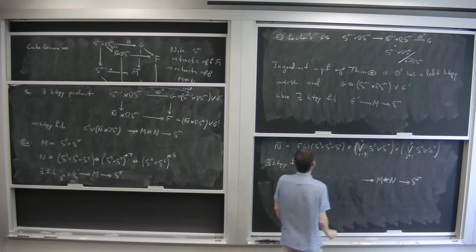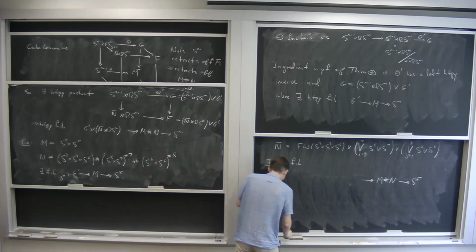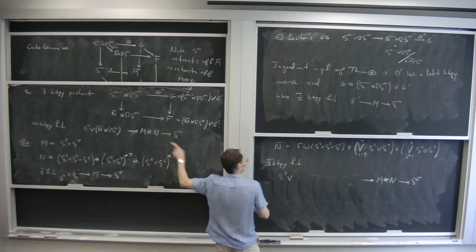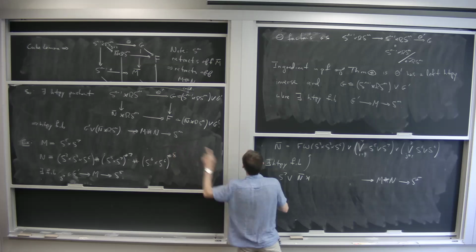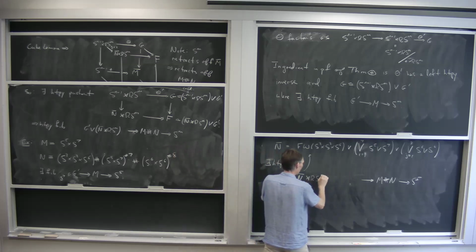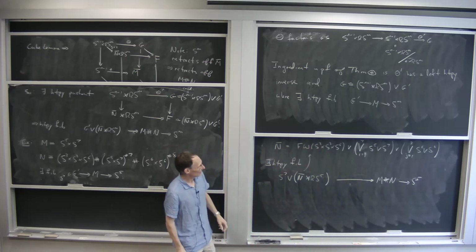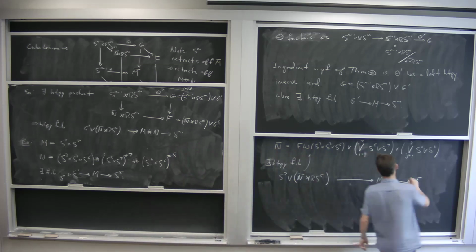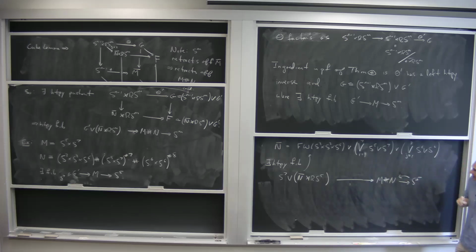Its fiber is G prime, so that's an S7, wedged with the N bar, half smash a loop on SM. So M was the S5 here. And this fibration has a section. So it splits after looping.